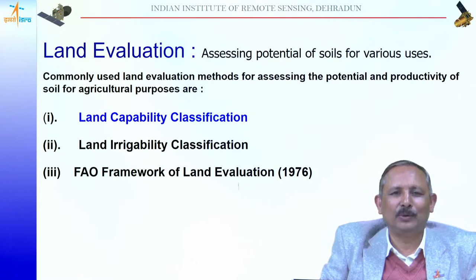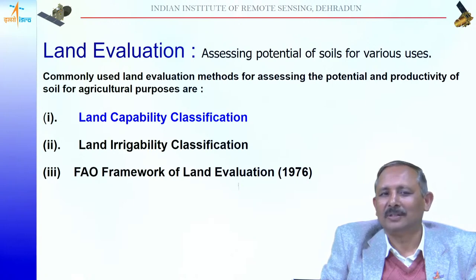Now I want to know which soil is useful for plantation, which soil is very good for agriculture, which soils have limitations for agriculture and what kind of limitations are there. We can also evaluate whether this land is suitable for irrigation purposes or not.